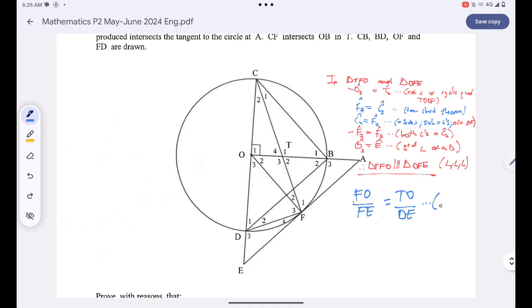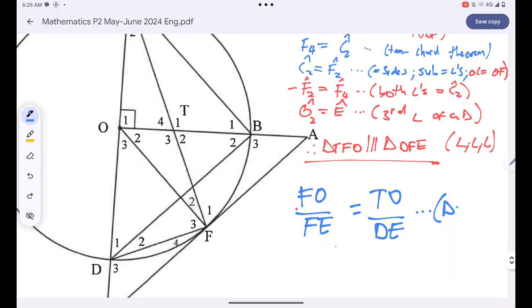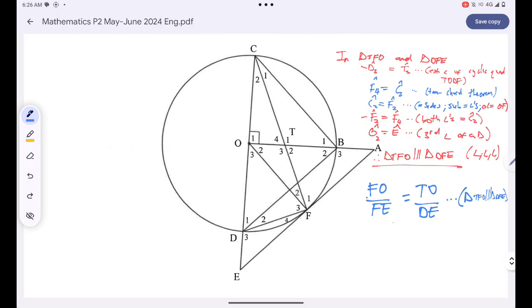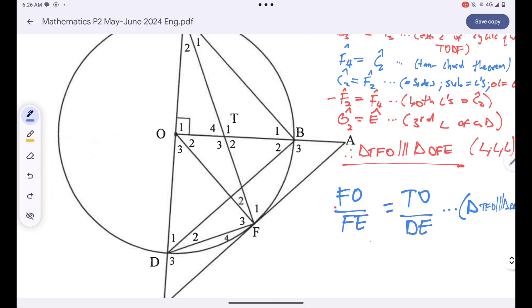This is true because triangle TFO is similar to triangle DFE. This statement is true because of those two similar triangles. Are you together? I can therefore conclude that FO is equal to TO multiplied by FE all over DE.